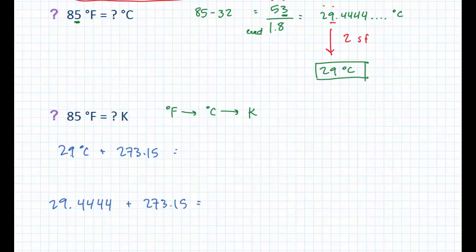What do you get when you do the rounded 29 plus 273.15? Okay, 302.15. And then this unrounded one, what is that? 302.594444.